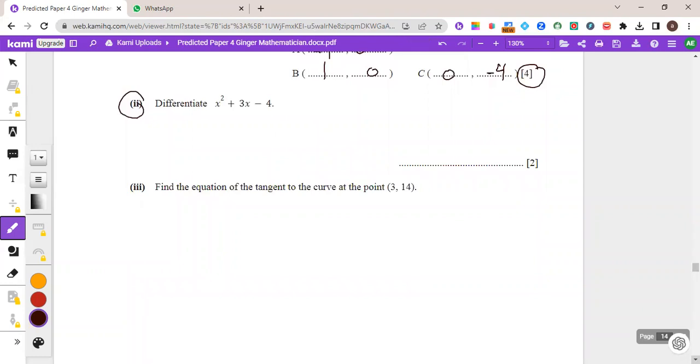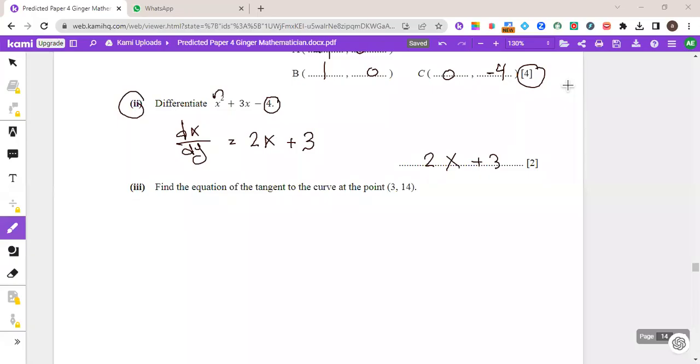مريم ها، differentiate x square plus 3x negative 4 اللي هي الديفرنشيت اللي هو dy over dx. 2x positive 3x. الديفرنشيشن بتاع 3x is just going to be the number without the x.